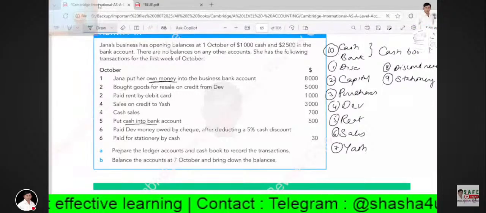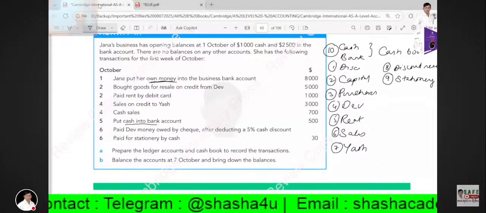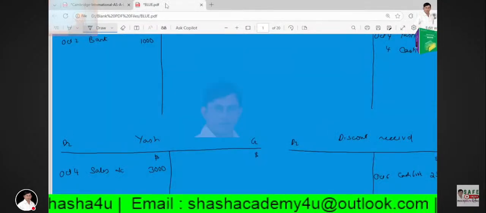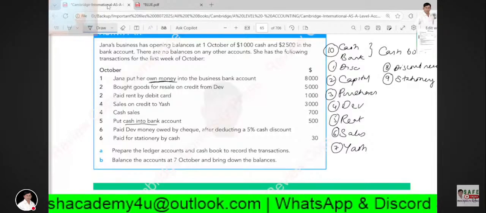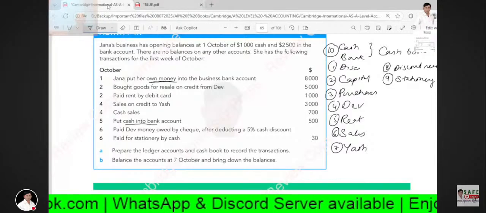Paid for stationery by cash, 30. It is on 6th.